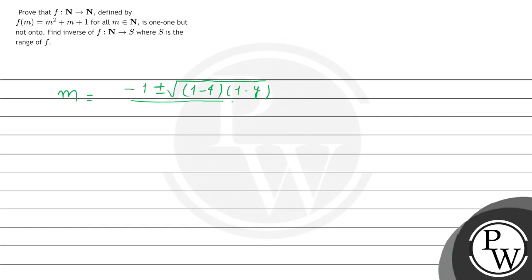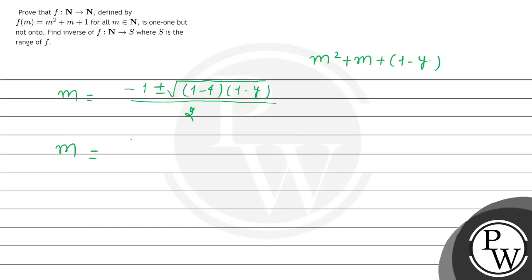divided by 2. Here we know that the function was m² + m, and the quadratic equation was 1 − y. So we have applied b² − 4ac and then found the value of this.